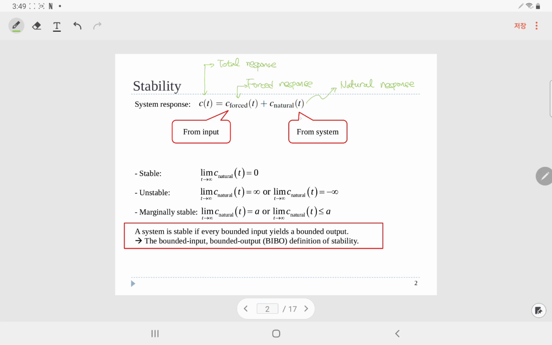However, the second term, the natural response, means the system response caused mainly by the dynamics of the target system. Usually this natural response is caused by the offset of the initial condition of the dynamic system.